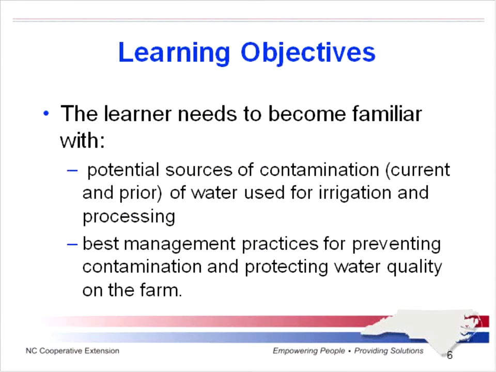Today's learning objectives, just like all the other modules, we'll start with our objectives, and our goal is to familiarize you with potential sources of contamination of water used for irrigation and processing, and then best management practices for preventing contamination and protecting water quality on the farm.